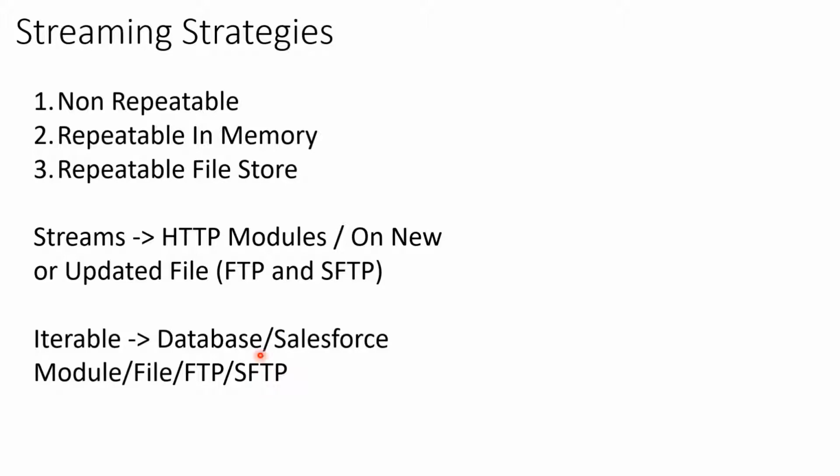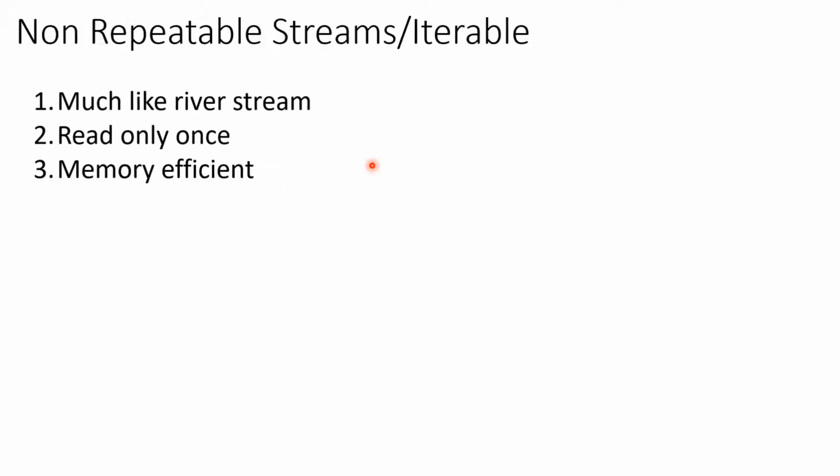Now let's understand each of these streaming strategies in detail. So what is a non-repeatable stream? As the name suggests, it is non-repeatable, but what exactly does it mean? Let's understand that. Consider a stream of river, and you and your friend have gone fishing in that river.